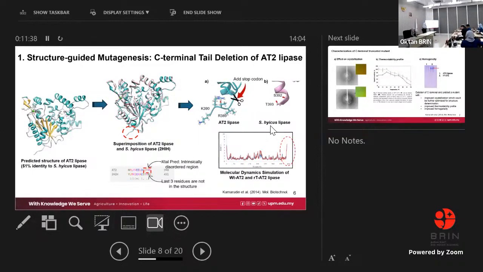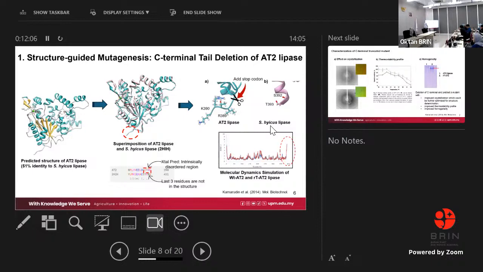We did sequence alignment, and found that the last four residues are an intrinsically disordered region based on XtalPred. And when we looked further in the structure of Staphylococcus lipase, we found that the last two residues are not even in the structure.